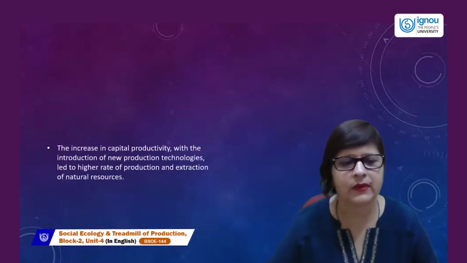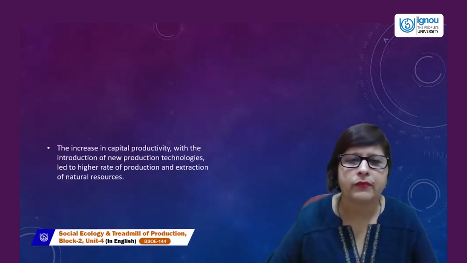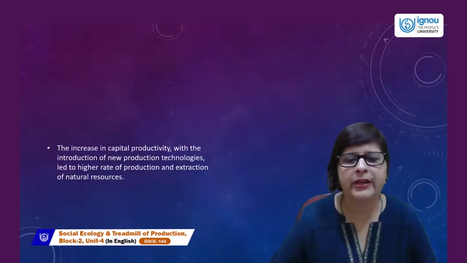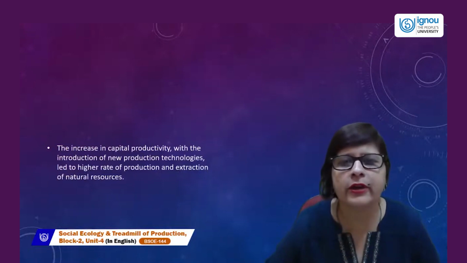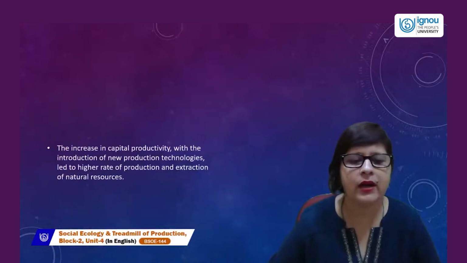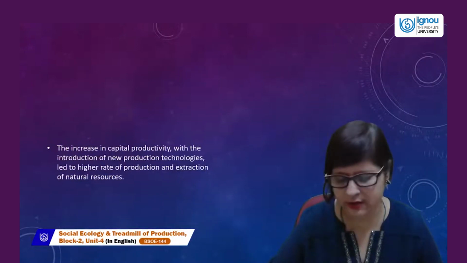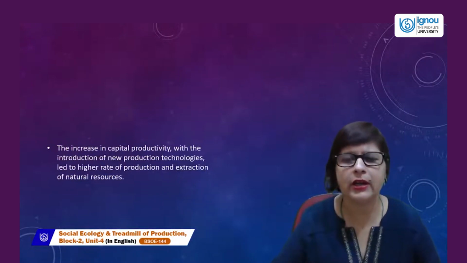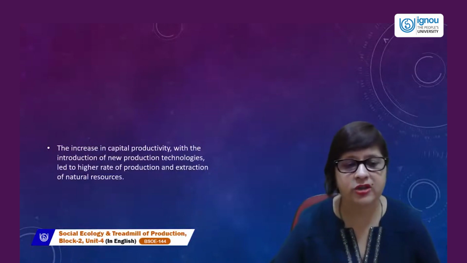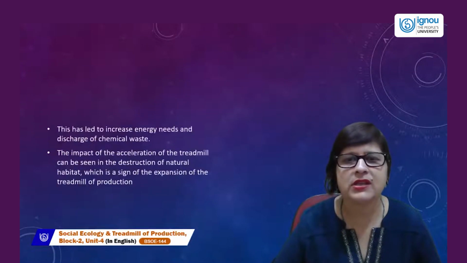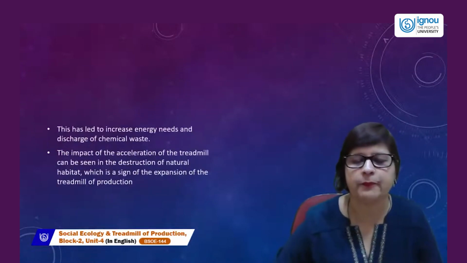Yes, definitely. The increase in capital productivity with the introduction of new product technologies led to a higher rate of production and extraction of natural resources, right? In capital productivity, there is more extraction of natural resources and a higher rate of production.